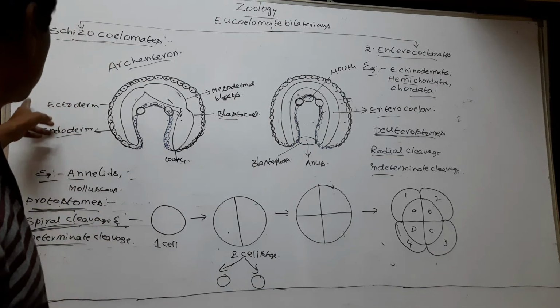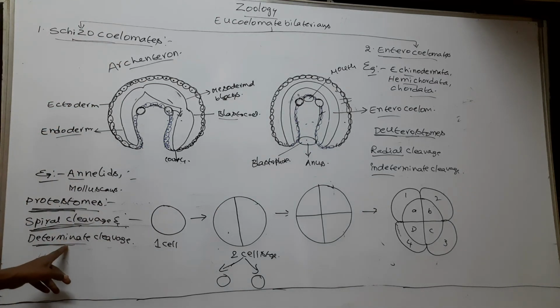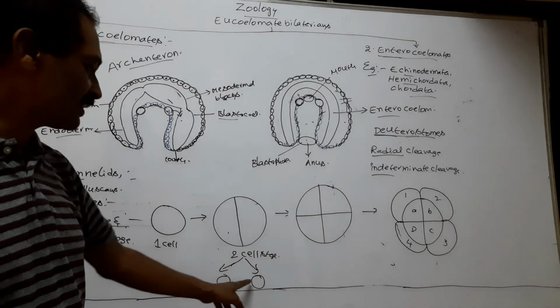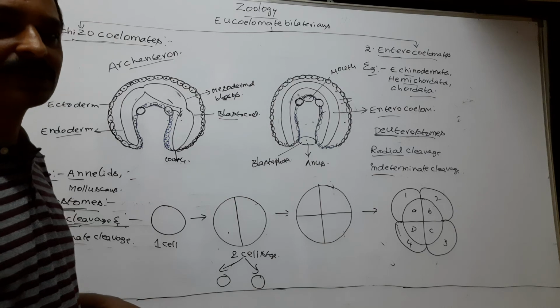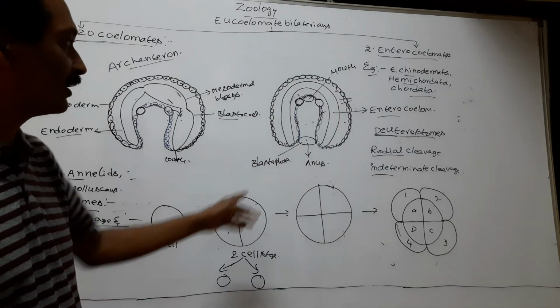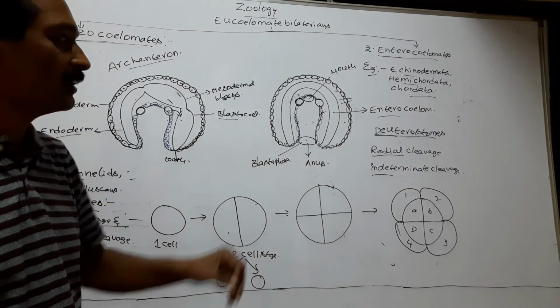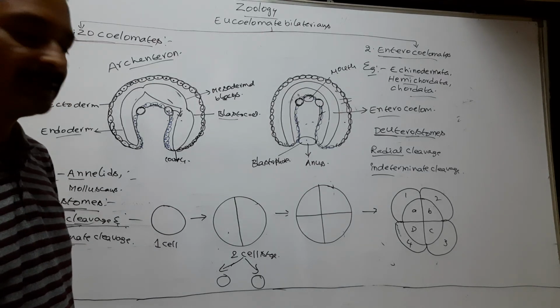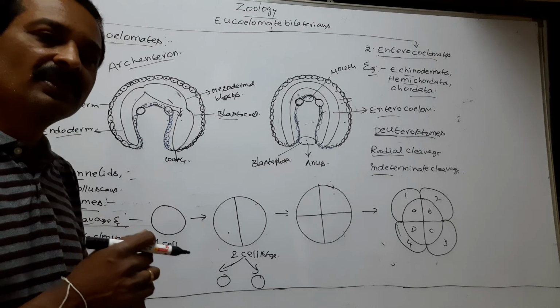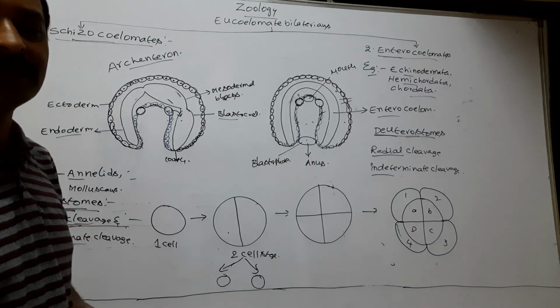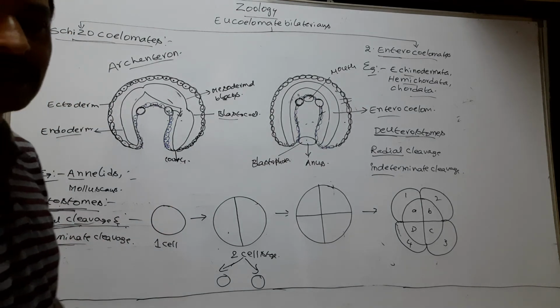But in determinate cleavage, each separated cell does not produce a complete embryo. But in indeterminate cleavage, the separated cell can produce a complete embryo or organism.